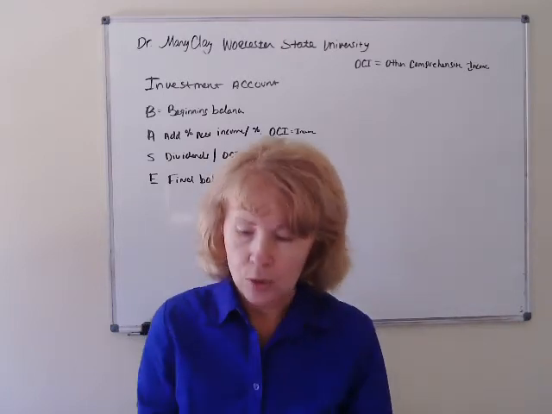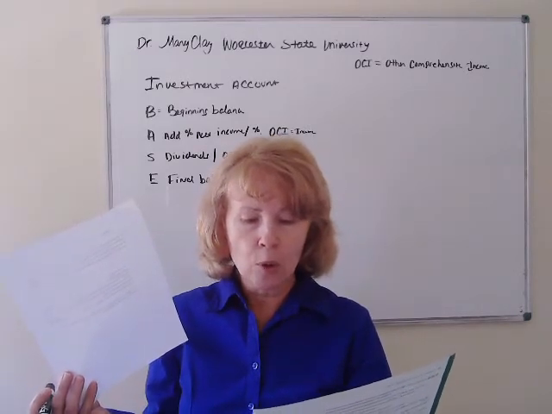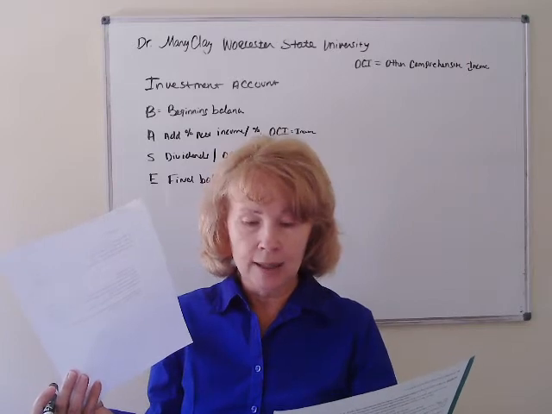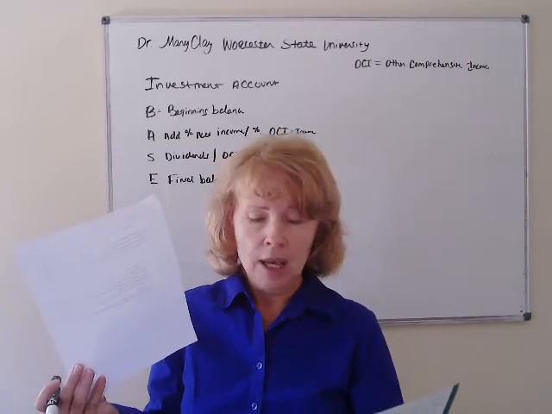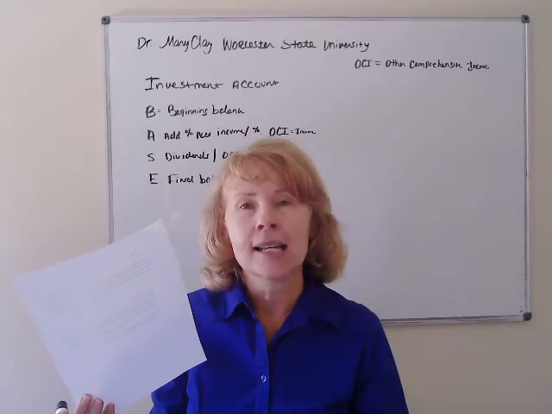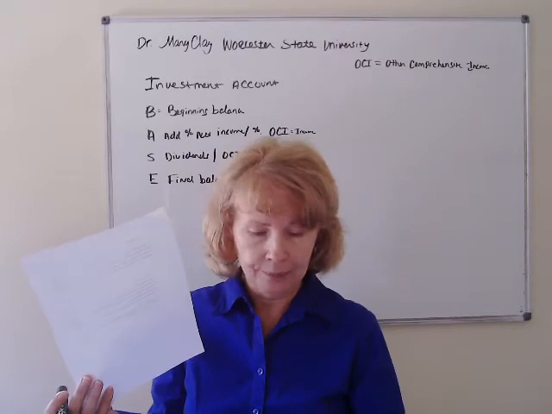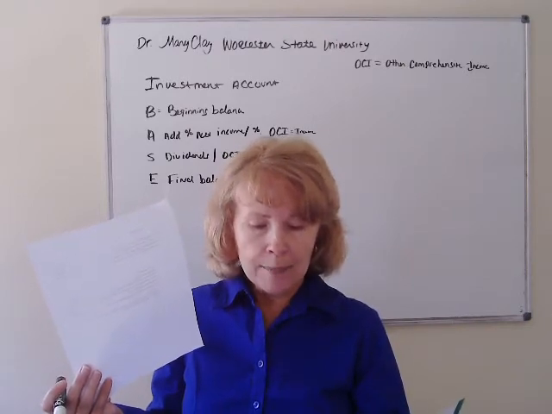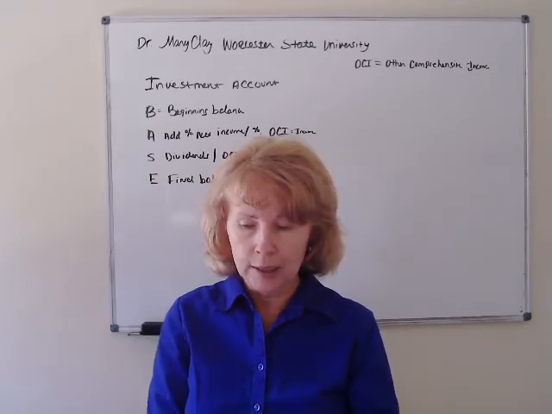So it's asking, A, what amount should Fisher report as its investment in Steel on the December 31st, 2021 balance sheet? The investment account is an asset, so think of that. You will increase with a debit, decrease with a credit. B, what amount should Fisher report as equity in earnings of Steel on its 2021 income statement?